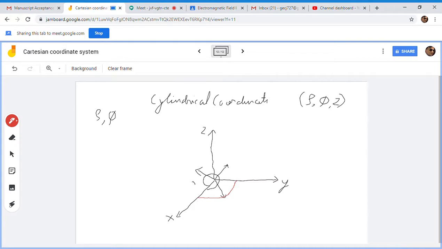Let me make this plane. So the plane of this rho and phi will be the xy plane. It will lie in the xy plane, and the disk will be at the origin. So you must be understanding this.